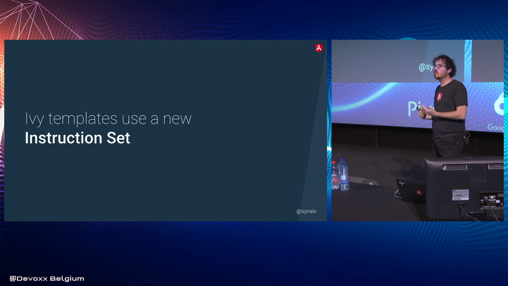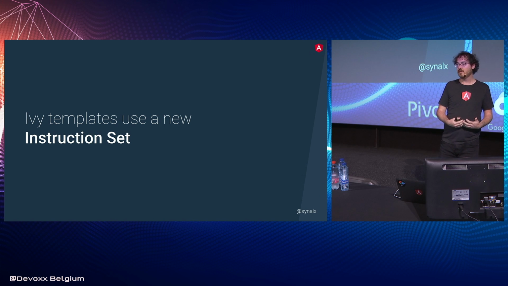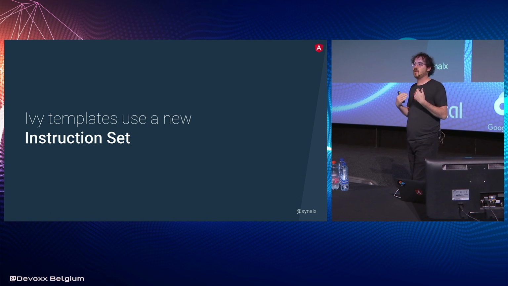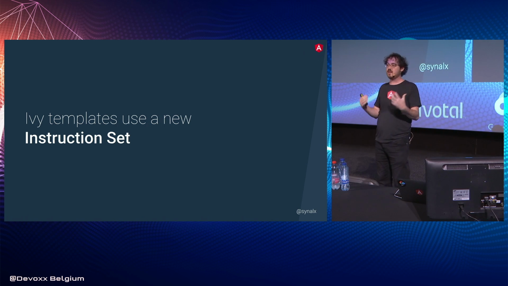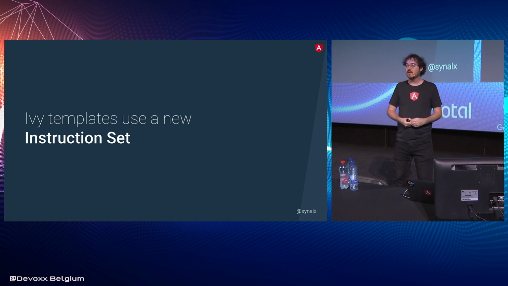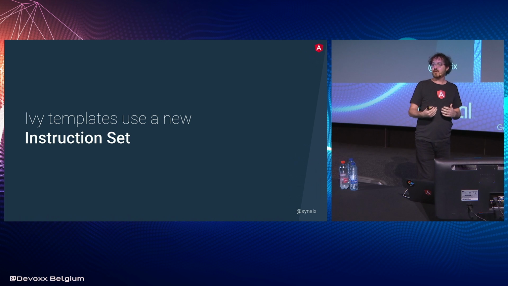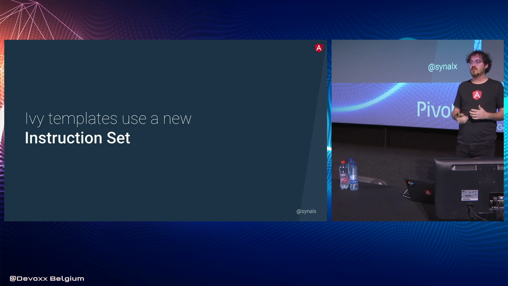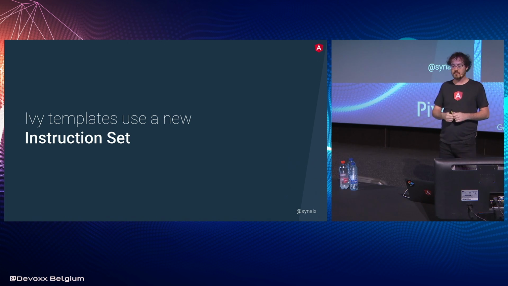So instead of a single monolithic template interpreter, like we had in the view engine, in Ivy we've broken up the Angular runtime into a set of individual rendering operations that we call our instruction set. You can think of it as an assembly language that Angular applications get compiled to.